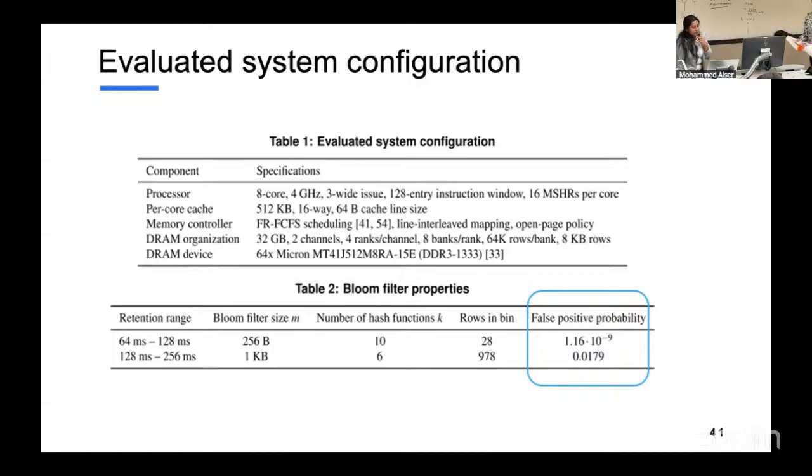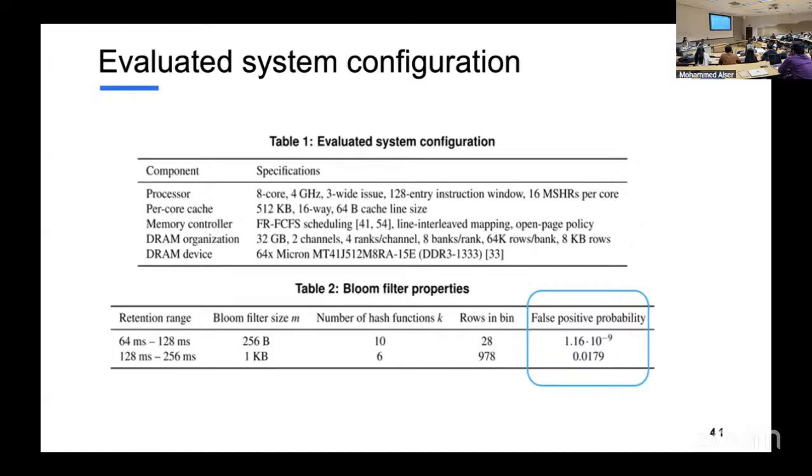So as you can see here, for the retention range of 64 to 128 milliseconds, the bloom filter size is 256, which is very small compared to the DRAM size. And for 128 milliseconds to 256 milliseconds they have considered 1 KB, which is far less than 32 KB.